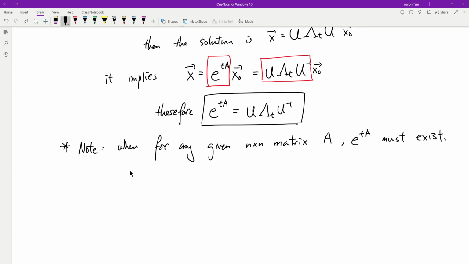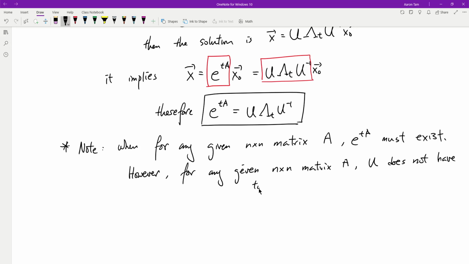However, for any given n by n matrix A, the matrix U does not have to have an inverse.